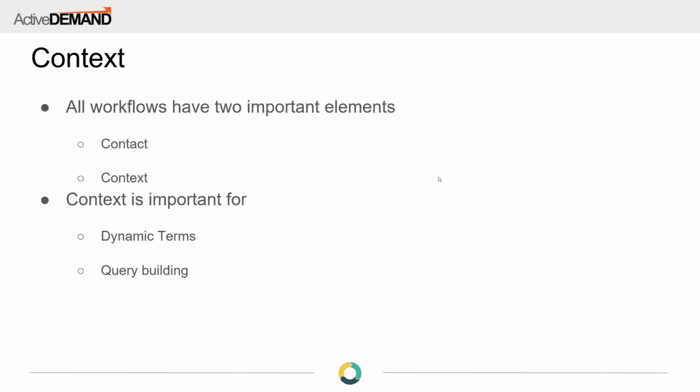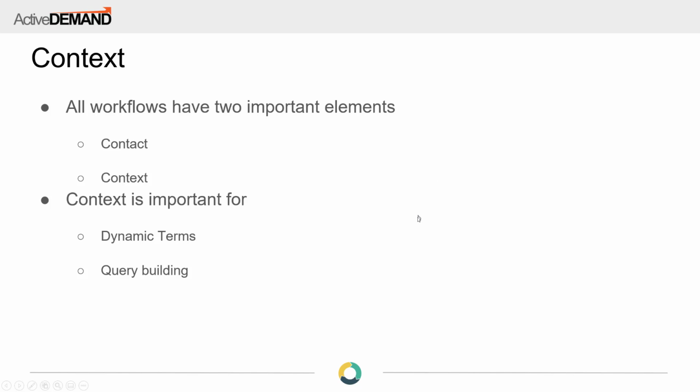So what I mean by the context is, for example, what brought the person into the workflow is the context that is carried throughout that workflow. So no matter where you are within a workflow, the two things that are always accessible in that workflow are the contact and the context which brought that person into the workflow.